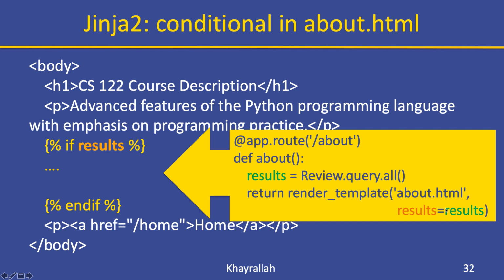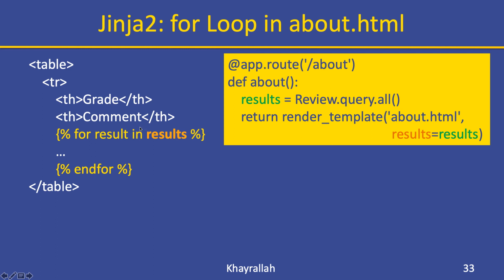And this is the value that's passed to the argument results. Inside the template, we use the argument name results. And here again, in the for loop, we use the argument results, and that corresponds to this results that's passed to render template. This is the argument name that's used in the template.